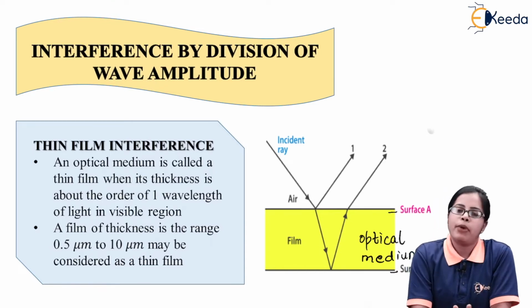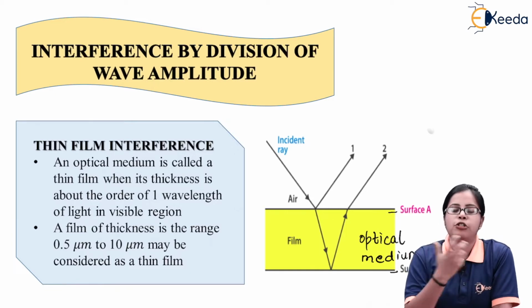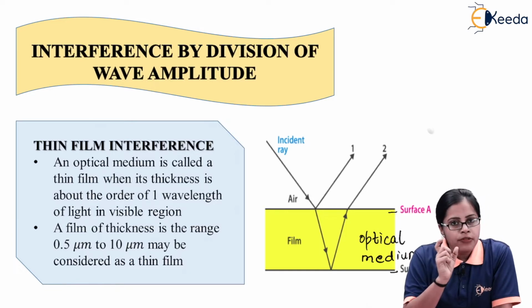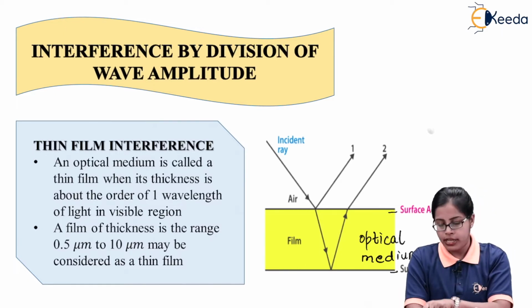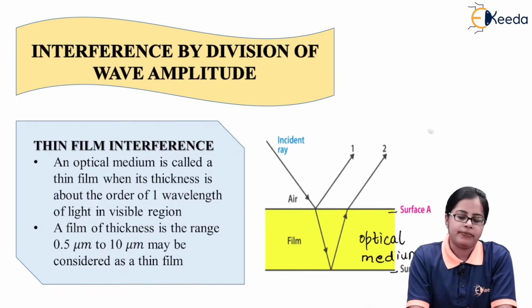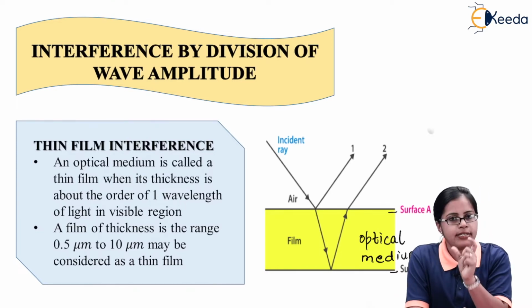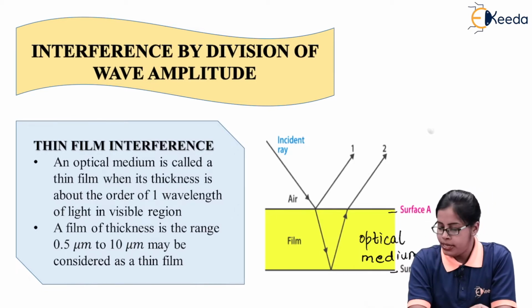Next, what should be the range of the thickness of the film? Mostly we consider the thickness in the range of 0.5 micrometer to 10 micrometer. So if the thickness is in this range, we can consider the film to be a thin film.